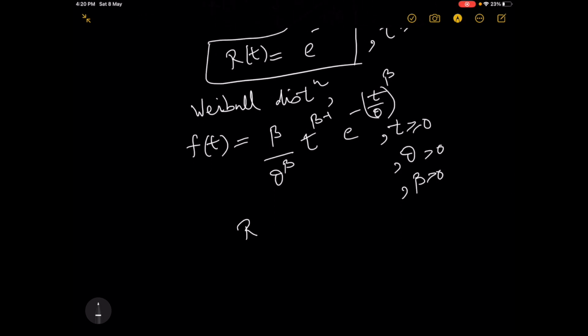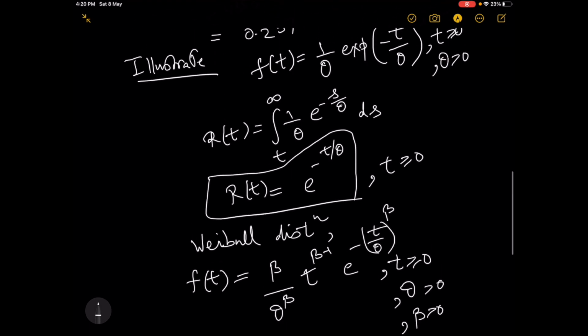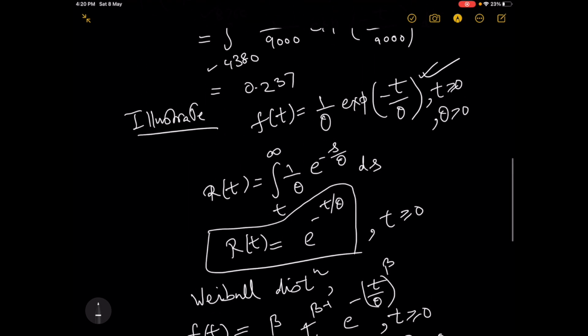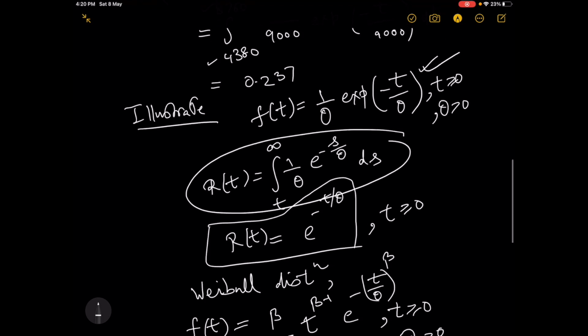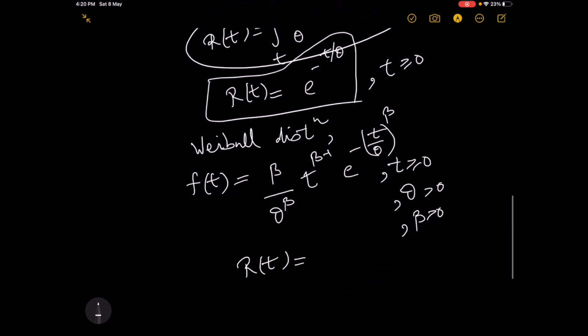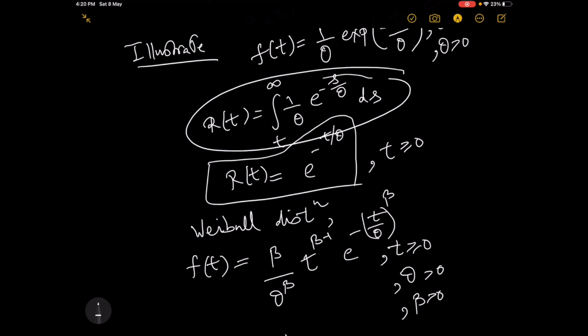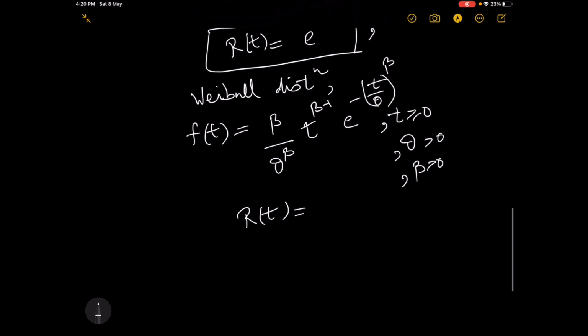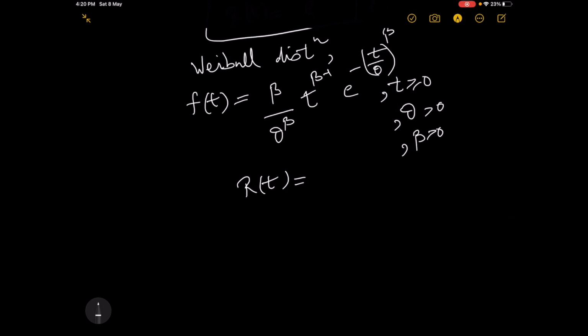In this case, the reliability function works out, using the same definition as earlier, but in place of the PDF of the exponential we replace the PDF of the Weibull.